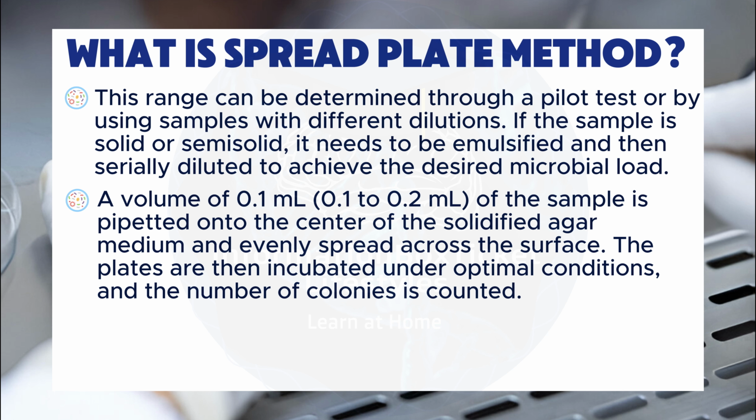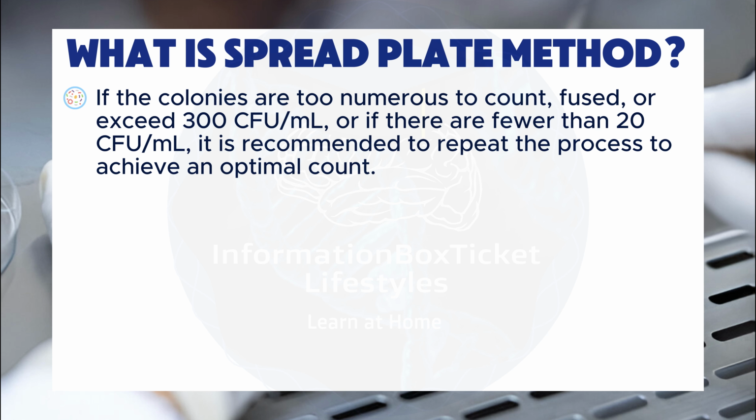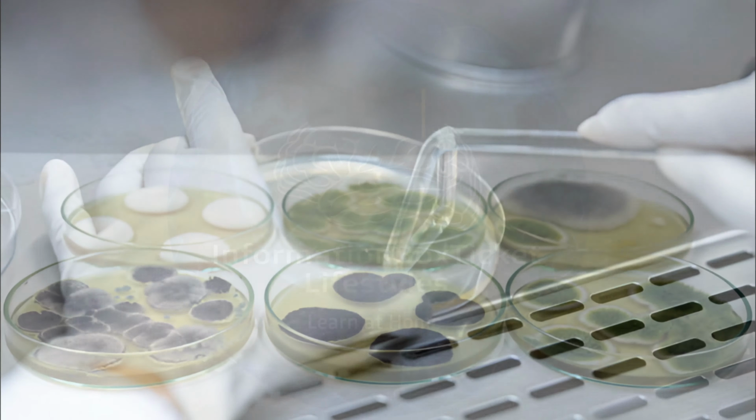The plates are then incubated under optimal conditions, and the number of colonies is counted. If the colonies are too numerous to count, fused, or exceed 300 colony-forming units per ml, or if there are fewer than 20 colony-forming units per ml, it is recommended to repeat the process to achieve an optimal count.